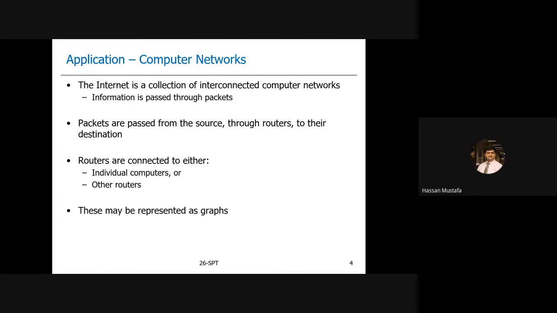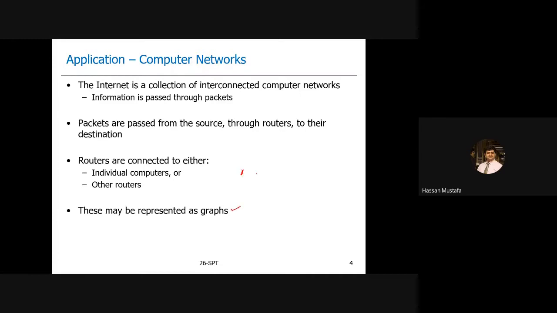Information passes through that network and from a source reaches a destination. There are different routers and machines in between these two endpoints, source and destination. So we can represent this overall information using a graph.